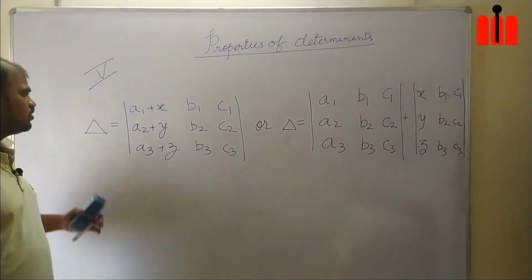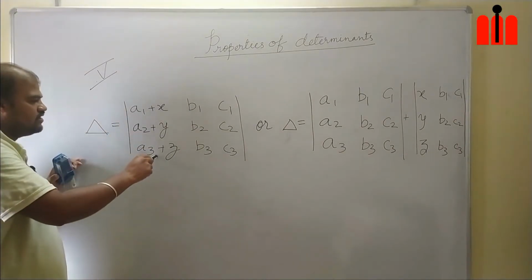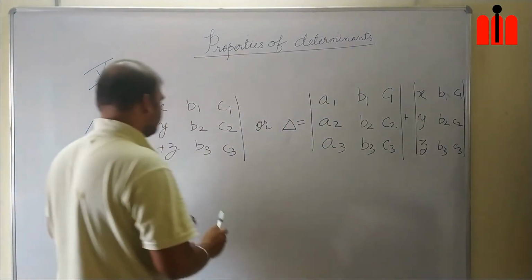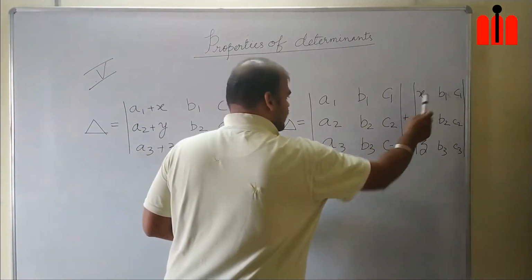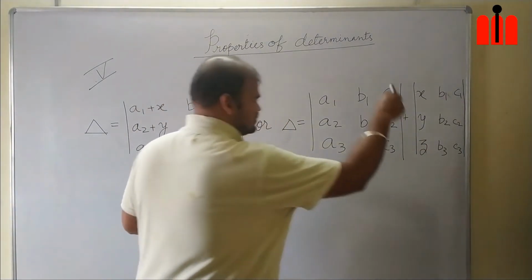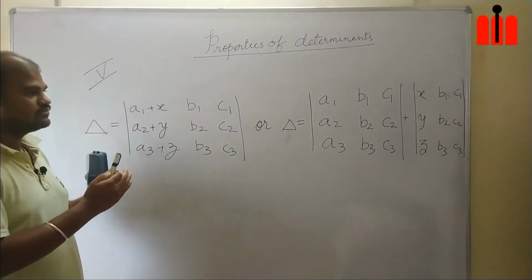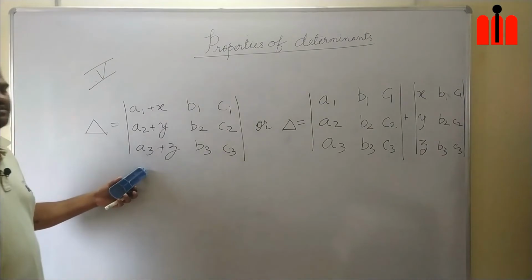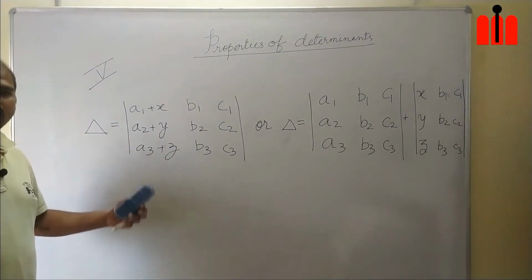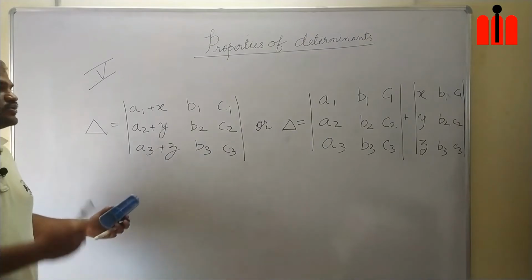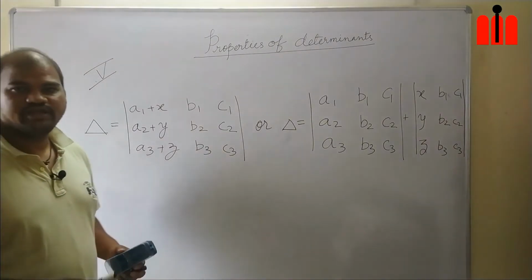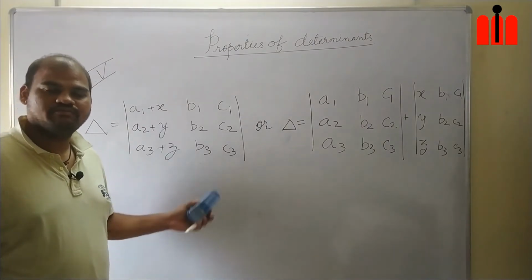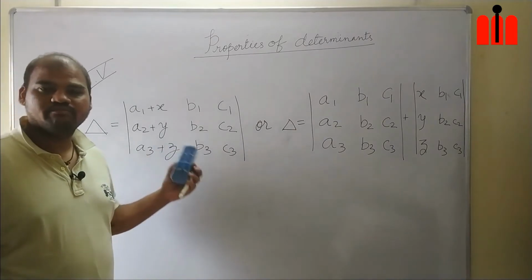So I write a1 a2 a3 as one column in the first determinant, and x y z as the column in the second. If we sum these two determinants, we get the original determinant. For the proof, please go through the notes. This type of property is very important in solving problems related to determinants. This completes property number 5.